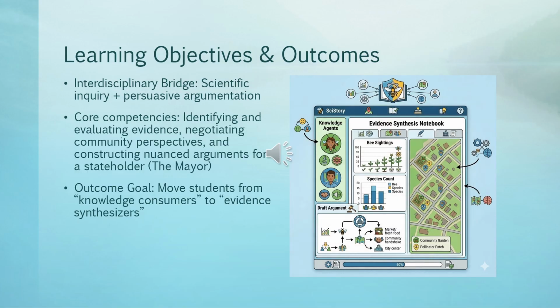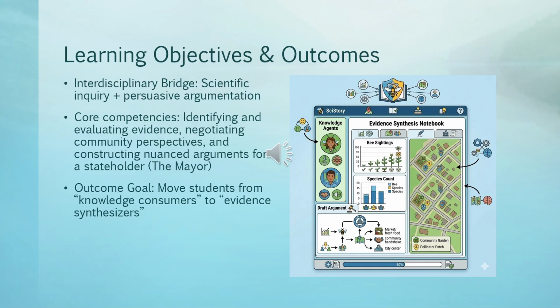The learning objectives were intentionally interdisciplinary. Rather than just testing science facts, the outcomes focused on scientific argumentation. The researchers wanted the learners to move past the surface level and engage in the process of identifying and evaluating evidence, recognizing that evidence comes from different sources, like scientists, beekeepers, and community activists, and must be synthesized into a persuasive claim.